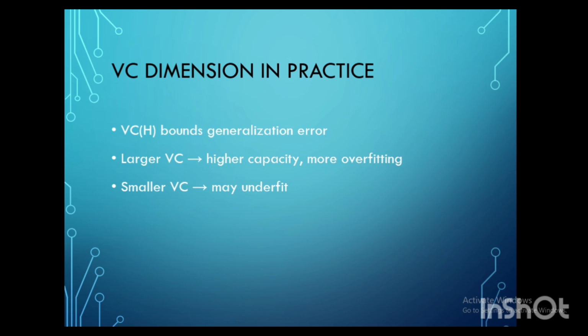Larger VC implies the model can represent more complex patterns but risks overfitting. Smaller VC implies a simpler model which may not capture the data well, leading to underfitting. In practice, models with a moderate VC are preferred to balance bias and variance.